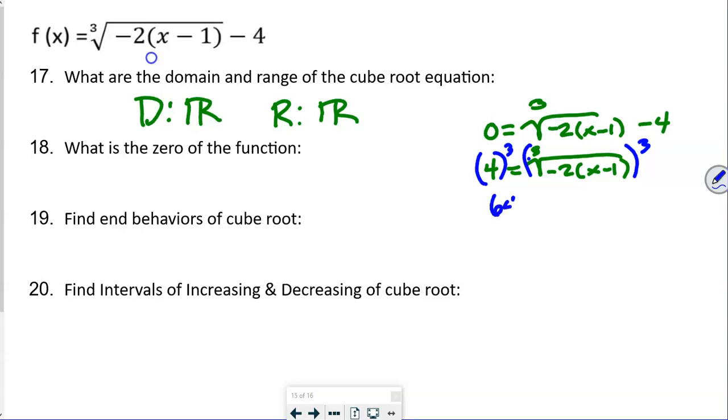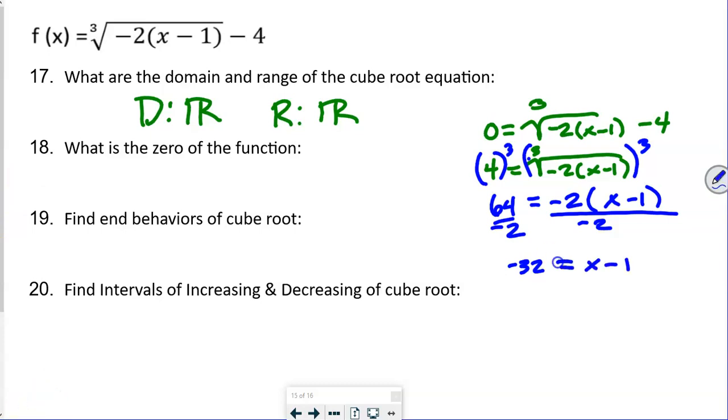That's going to give us 64 here is equal to -2 times (x minus 1). So we're going to divide both sides by -2. So that's going to give us -32. So now that's equal to x minus 1. So we're going to add 1 to both sides. So x is equal to -31.